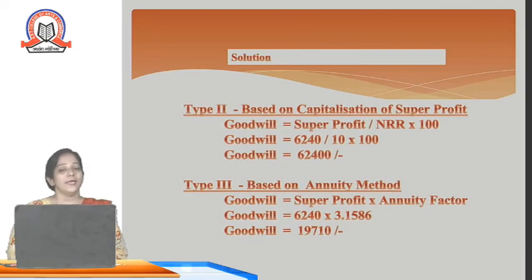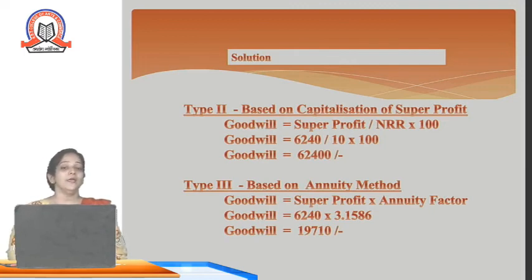Then for the second method, capitalization of super profits, we take this 6240 divided by NRR, that is 10, into 100. So we'll get 62,400. And then finally on the basis of the annuity method, goodwill will be equal to super profit into annuity factor.